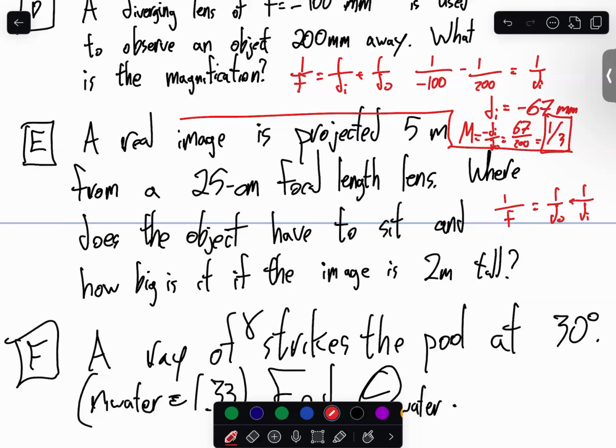And I get 1 over, let's see, if I want to put this in the same units, 1 over a quarter equals 1/5 plus 1 over do. What is that? What does that work out to be? 26 centimeters?